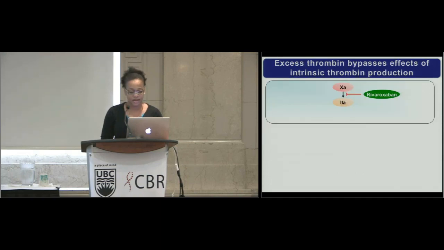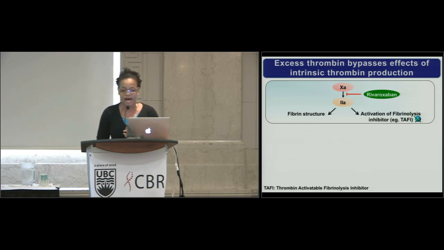Looking at thrombin, we know that when we add rivaroxaban, we might be affecting the in situ generation of thrombin, which could have an effect on fibrin structure as well as on the activation of clot dissolving enzymes or inhibitors, such as TAFI, which cleaves off these C-terminal lysines that we like. So I did thrombin generation assays where I looked at the amount of thrombin in the absence or presence of rivaroxaban and saw that it was the same.